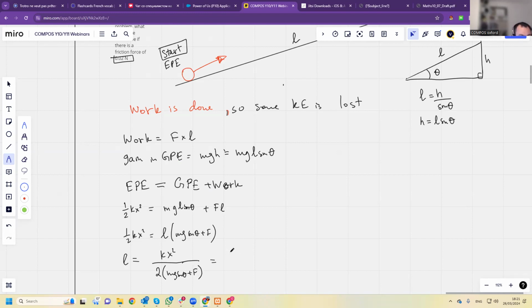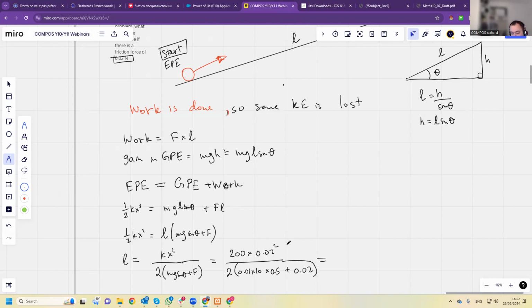K is 200 times 0.02 squared, divided by 2 times (0.01 times 10 times 0.5, because it's sine 30, 0.5, plus the force, which is 0.02 newtons).